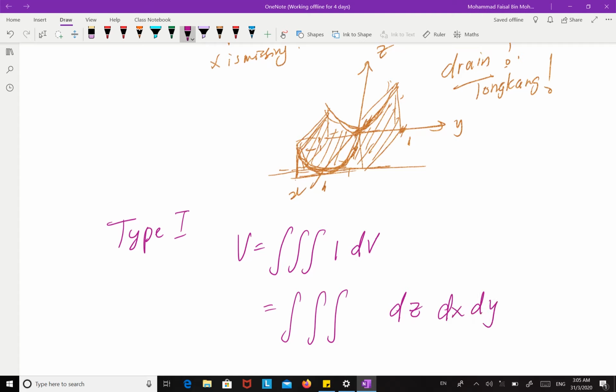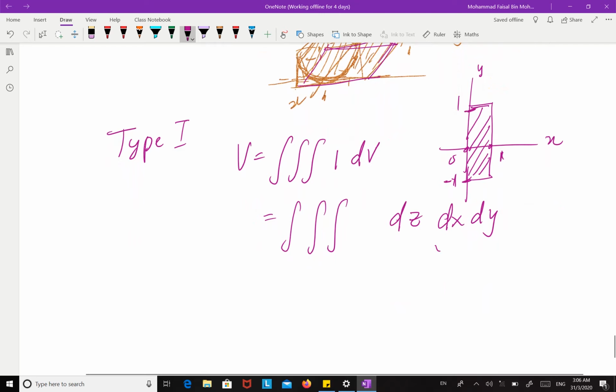So the bottom part, projection on xy, remember your eyes is here. This is y, this is x. Your x is 0 to 1, your y is negative 1 to 1 as mentioned. Here is negative 1, here is 1, 0, this is 1. Okay, so now this is your region for dx dy.